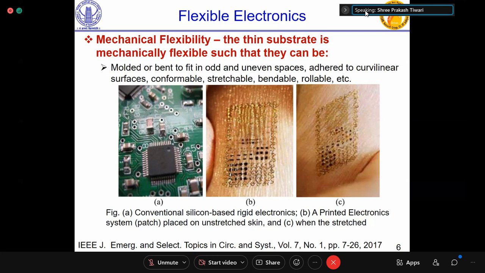And this is what we expect, where something is fabricated on a flexible substrate, and then interconnects also, if you see, they are designed in a way that some stretching, some deformation still make sure that it is intact. Okay, so it means they can be also conformal, they can be used on various curvilinear substrates, they could be bendable, stretchable, rollable, but those things cannot be done by conventional rigid electronics.